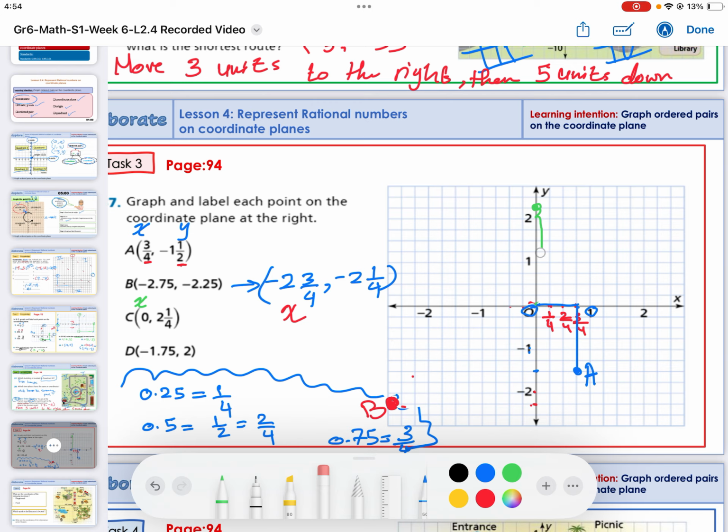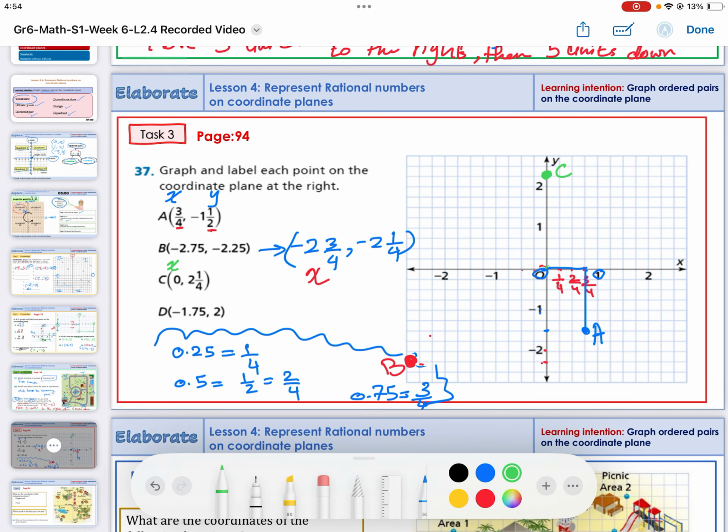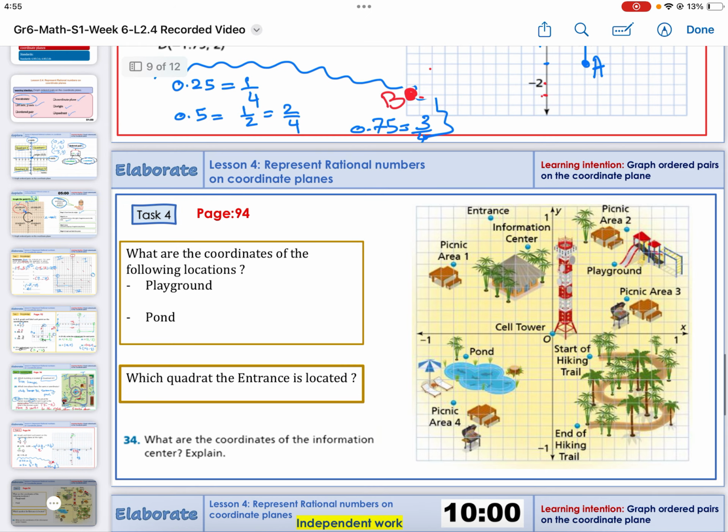Let me erase all of this. So that is going to be my point, 2 and 1 quarter. That is point C. Point D, I will leave it, guys, for you. Try to do it yourself. Okay. So here also, I will leave this question for you.